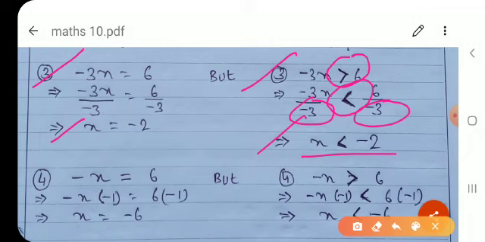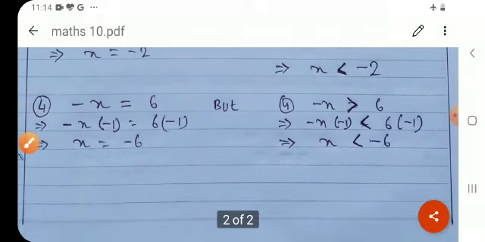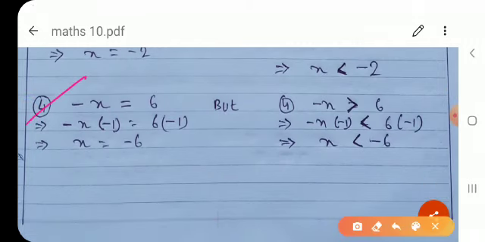A very important thing. Here there is no change in the sign, but here there is a change in sign. This is a very important part. One more thing, fourth example: minus x equals 6. What do we do? Multiply with minus 1, minus into minus becomes plus, and here it is minus, so x equals minus 6.